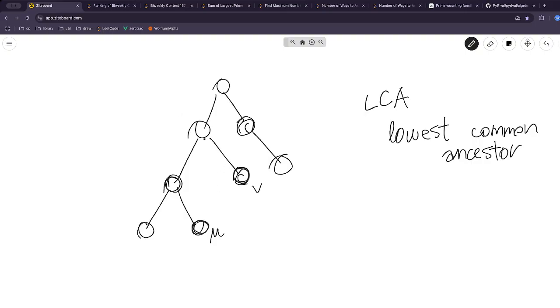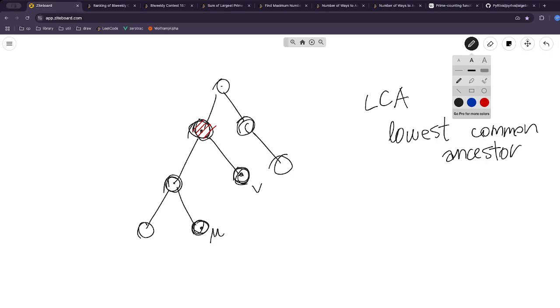So here, the ancestors of B are B itself, so this node, and this node, and the ancestors of U are this node, and this node. So this one here is the lowest common ancestor, right? And so the path goes from B to the LCA.